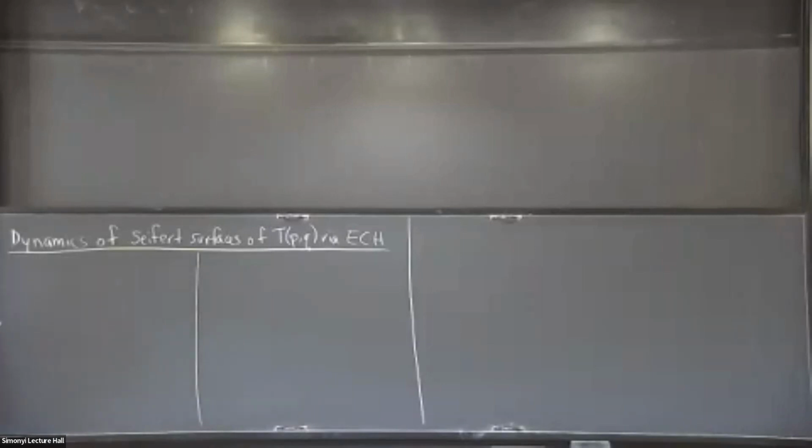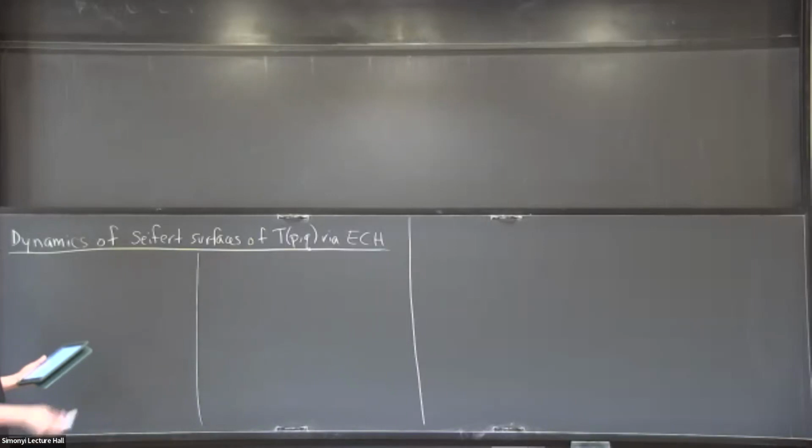So here I'm considering maps that come from the Seifert surfaces of torus knots in S3, so they come from the standard fibration of S3 by those knots.